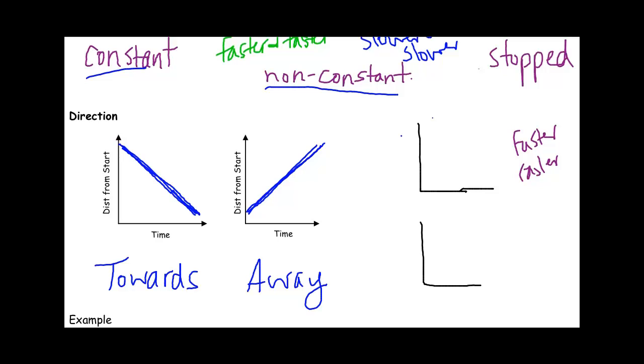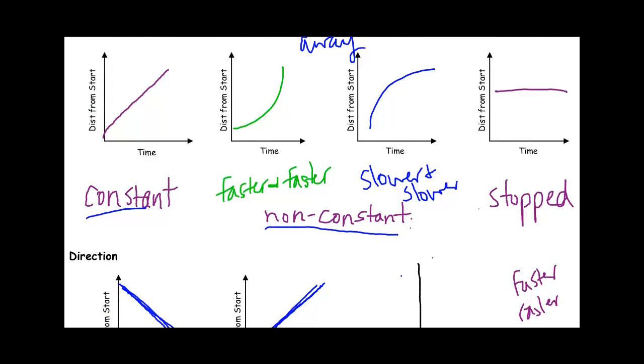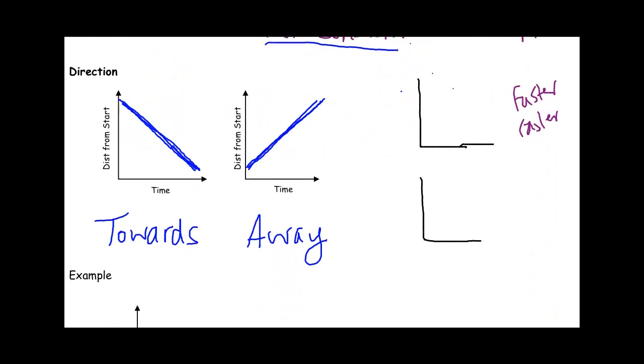So we know that towards, the graph has to go down, and we want to get faster and faster. So I'm going to go back up here for a second. Notice that it goes from kind of shallow slope to a very steep slope. We want that to happen by going down. So we want something that does something like that. So I'm going to make a curve like that.